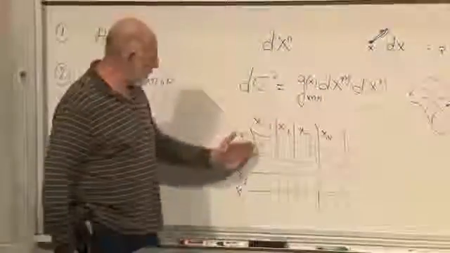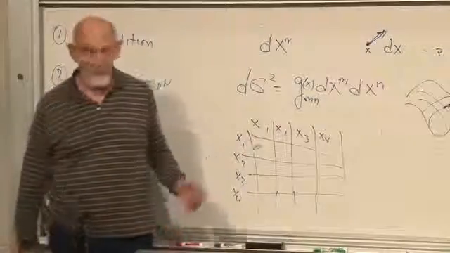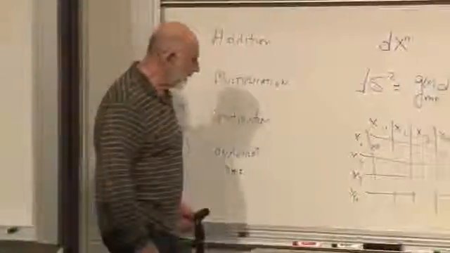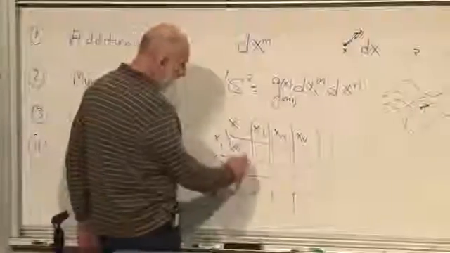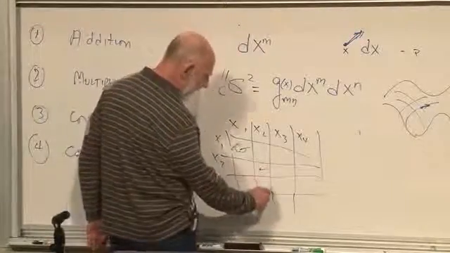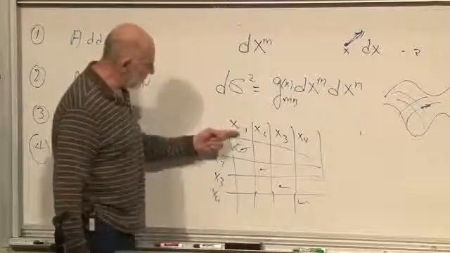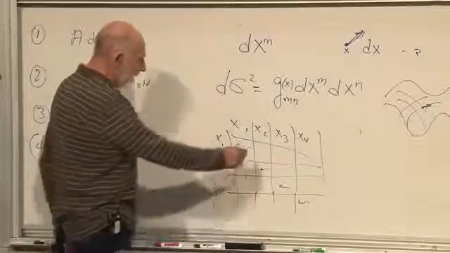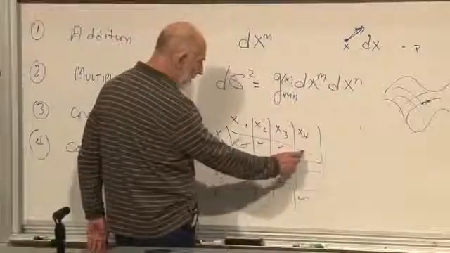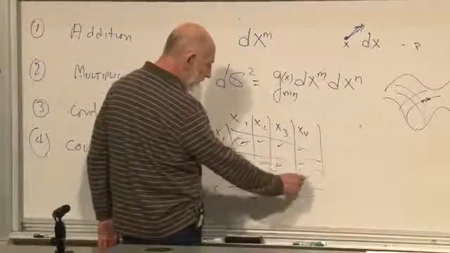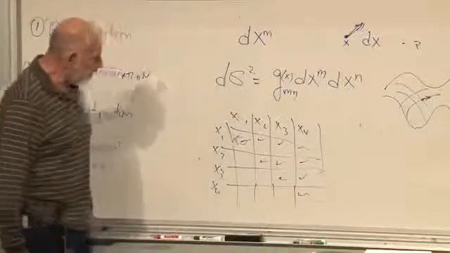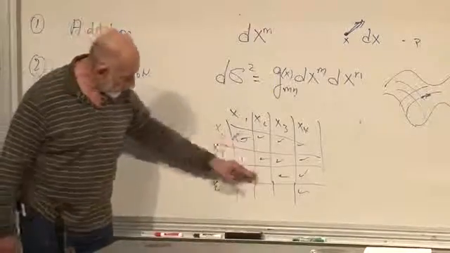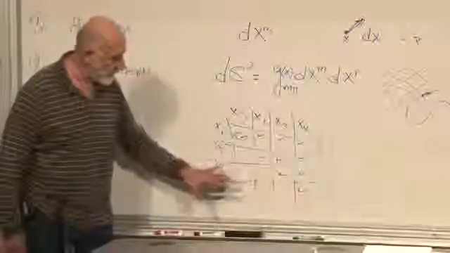You might as well take the 1,2 element and the 2,1 element to be the same. They both multiply dx1 times dx2. All right? So we have an element here, here, here, and here. That's dx1 squared, dx2 squared, dx3 squared, dx4 squared. We have the 1,2 element, the 1,3, and the 1,4, the 2,3, the 2,4, and the 3,4. But we don't need to count separately the 1,2 and the 2,1, so we don't have to put any new ones down here.